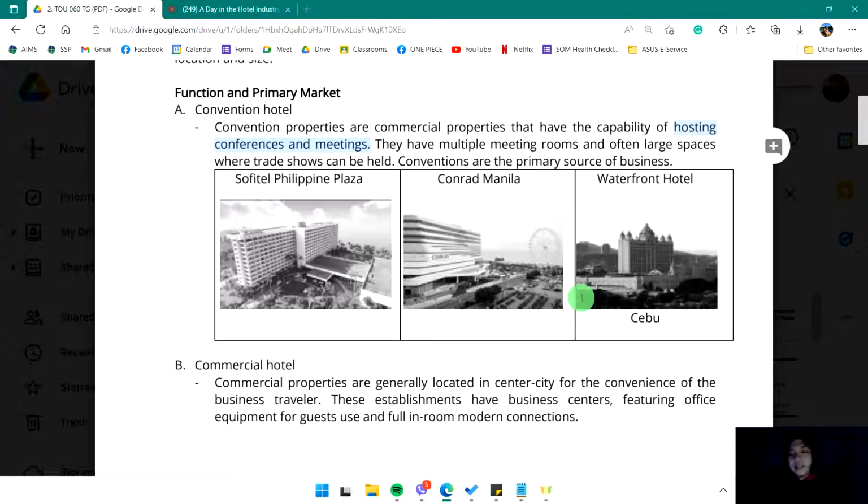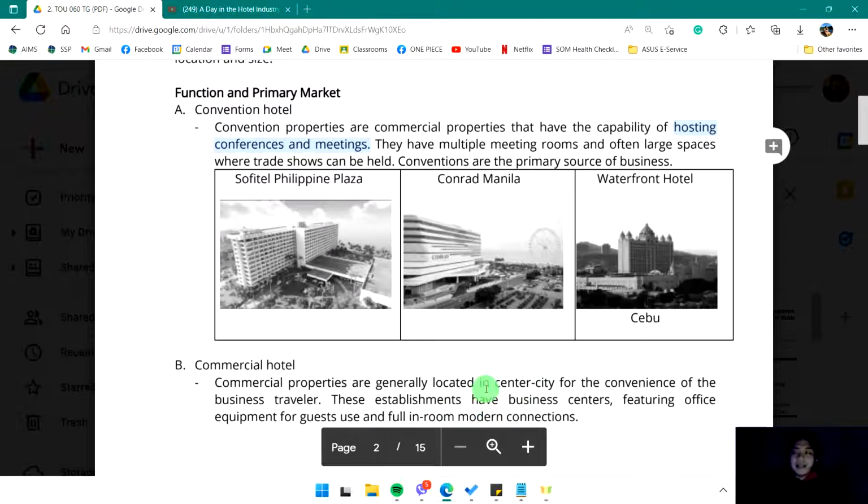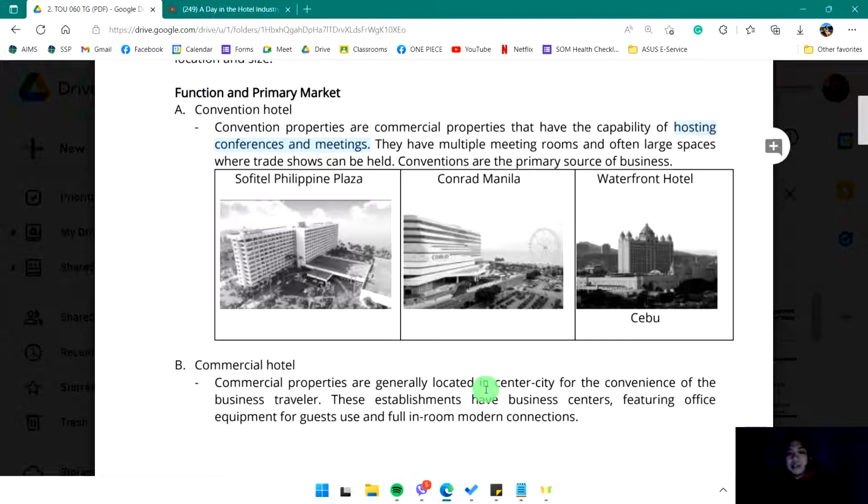So next, let's proceed to the function of the commercial hotel. Commercial hotels are typically in the heart of the city. Malapit sila sa business districts in the metro.